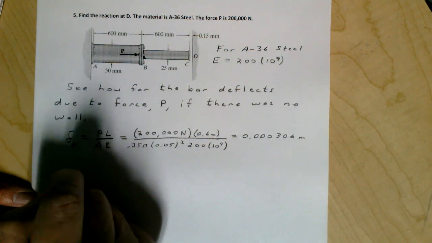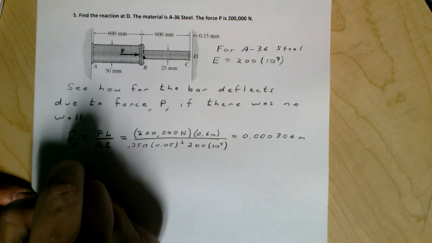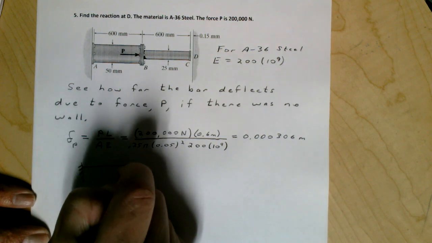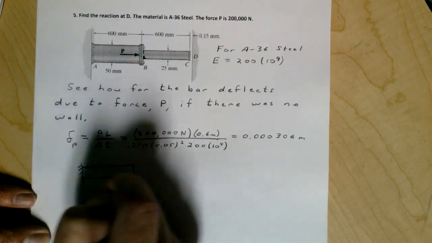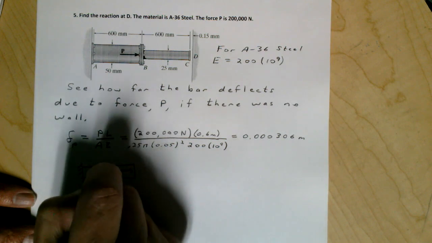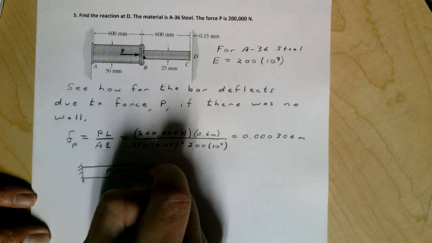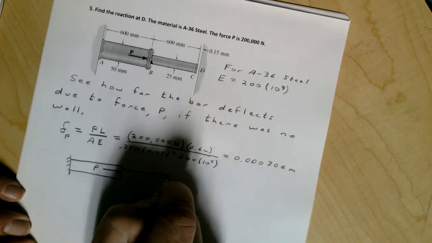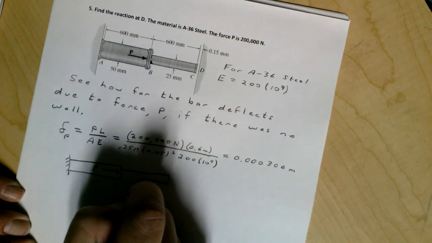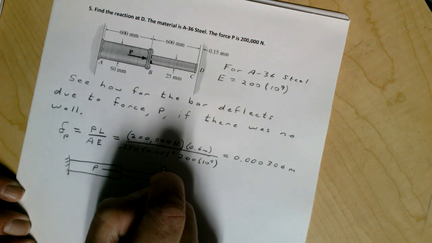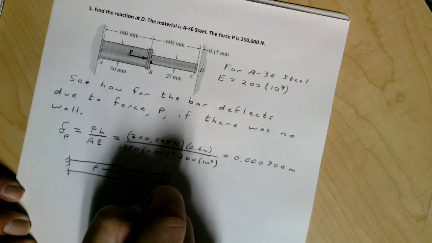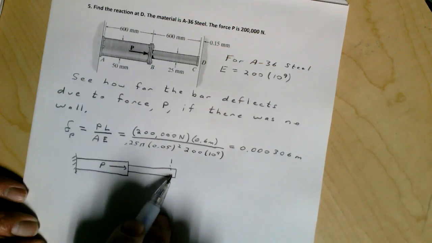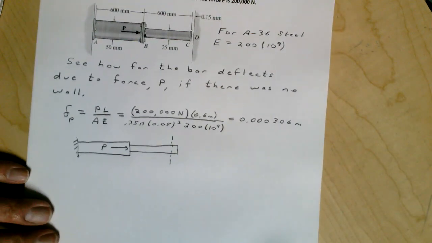So you have the force applied, and then this thing is going to go out here past the wall. Again, I'm assuming the wall is not there, so it's allowed to expand all the way out here.